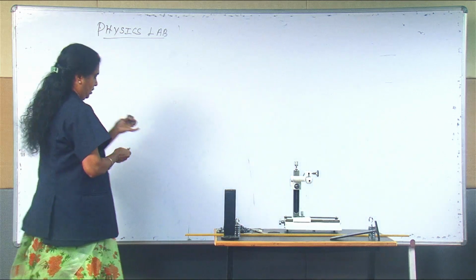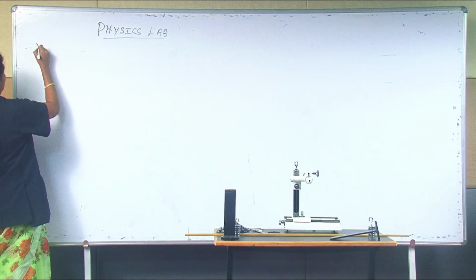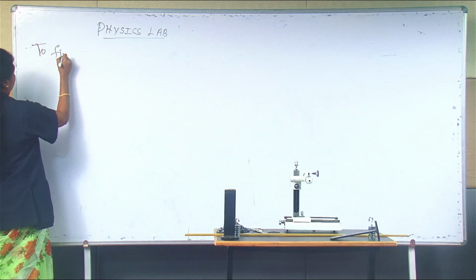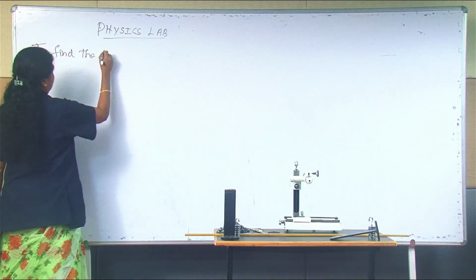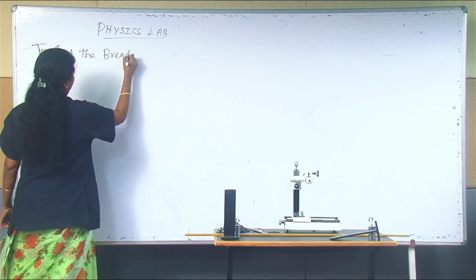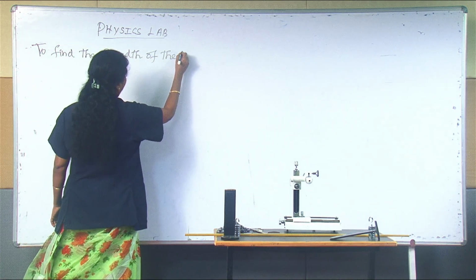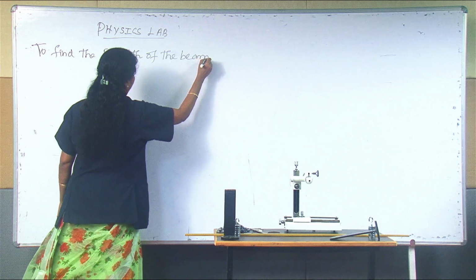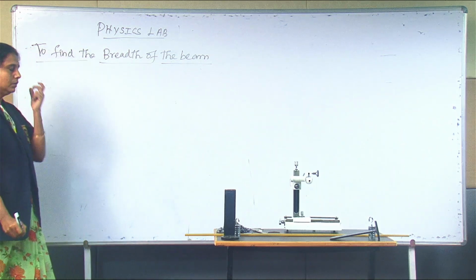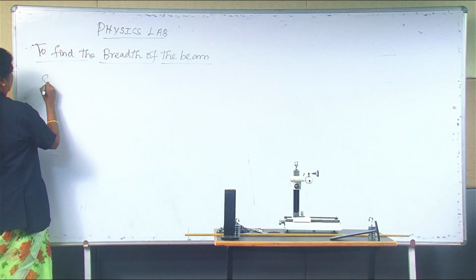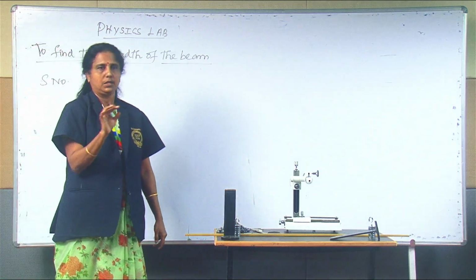So I will draw the tabular column for this vernier caliper to find the breadth of the beam. Here there is no correction and no error.